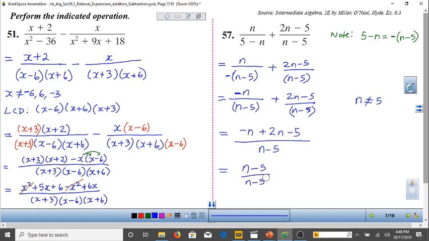And if we're dividing something by itself, then that result will give us 1. So this results in the number 1, but as long as n is not equal to 5. If n is equal to 5, it gives no answer at all. It's undefined. The expression is undefined. But otherwise, the expression simplifies to 1.